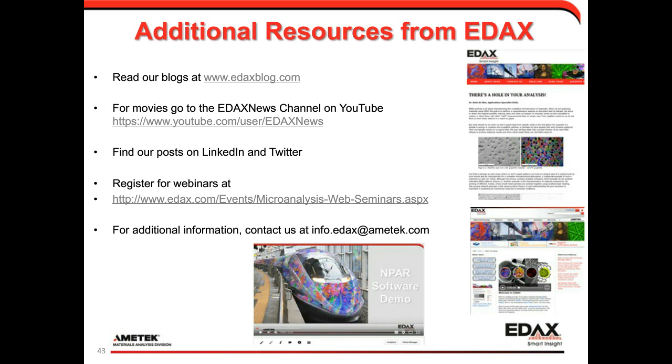So you usually don't have too many artifacts in your data based on the beam spot size and the grain size. Usually. It's not quite that straightforward, depending on what's going on. Also, if you have a lot of high angle grain boundaries, you can get overlapping patterns. The nice thing is that our voting method does a really good job of deconvolving patterns, but that's not the topic of this talk.